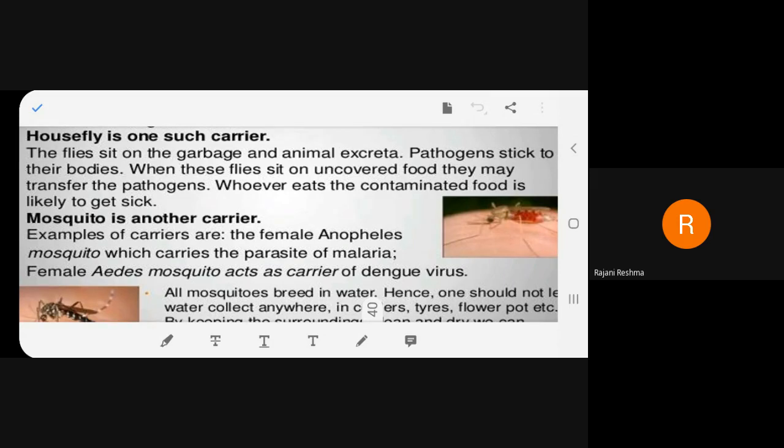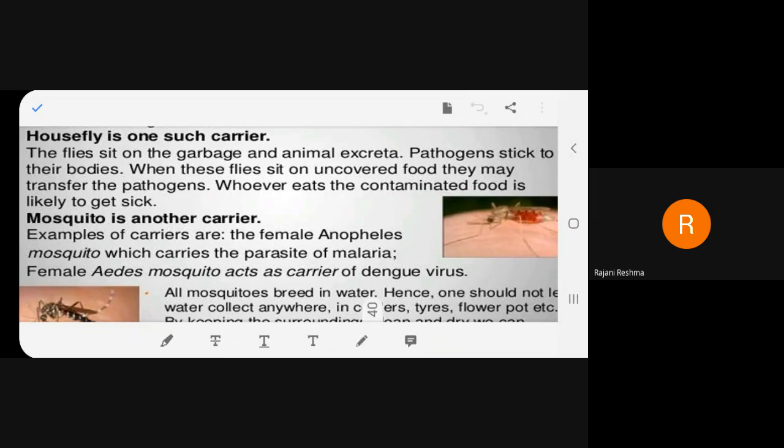Whoever eats the contaminated food is likely to get sick. Contaminated, say it again. Contaminated. Answer is right.